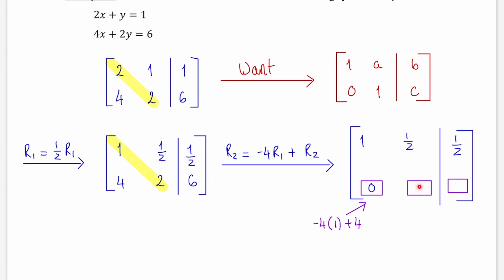For the second element, I take -4 times 1/2 plus 2. -4 times 1/2 is -2, plus 2 is 0. For the third element, I take 1/2 times -4 plus 6. So 1/2 times -4 is -2, plus 6 is 4.